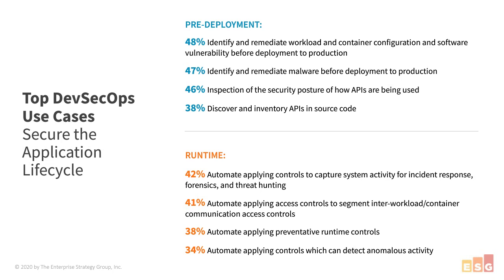Makes a ton of sense to me. You're hardening configs, you're reducing attack surface. But if you feel like you need to start in runtime, fine. You can always go back and implement pre-deployment, but your destination should be the life cycle. Ultimately, where you want to get to is to implement these use cases across the entire life cycle.